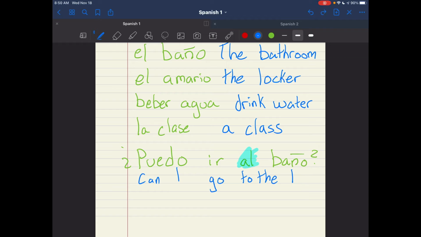Oh, ran out of space. I'm going to just write this here. I'm going to just say bathroom, which is BR. Bathroom. I'll redo it. No worries. So we know this means, can I go to the bathroom? Can I go to the bathroom?